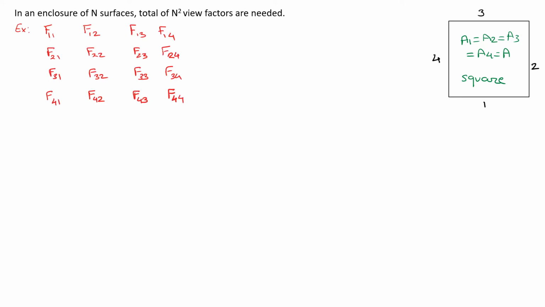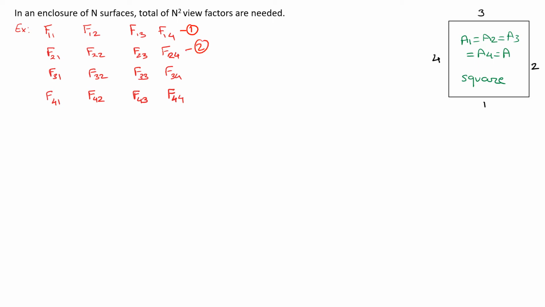So the number of view factors that we will need to find the exchange of radiation within all the surfaces. Your equation 1 is telling you how much radiation emitted from 1 is intercepted by 1, 2, 3 and 4.